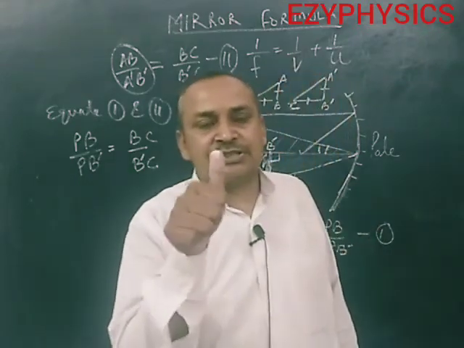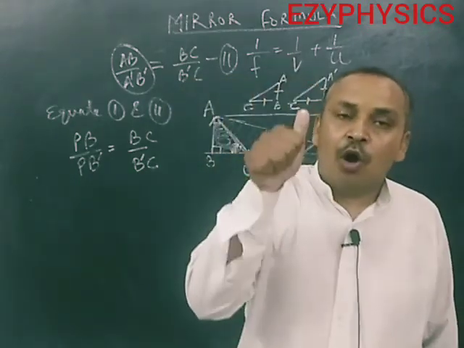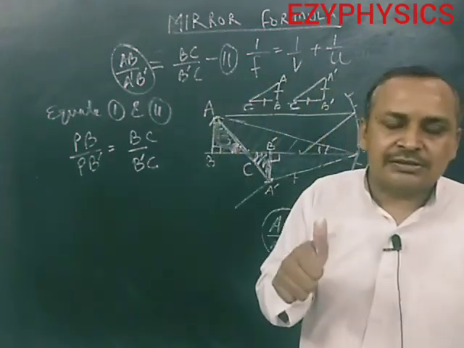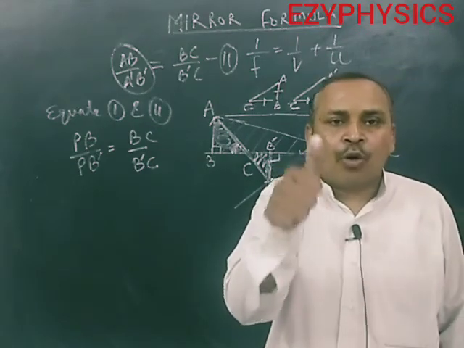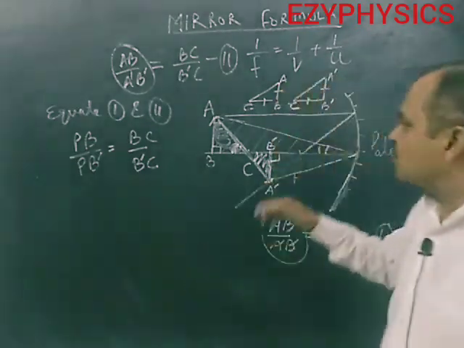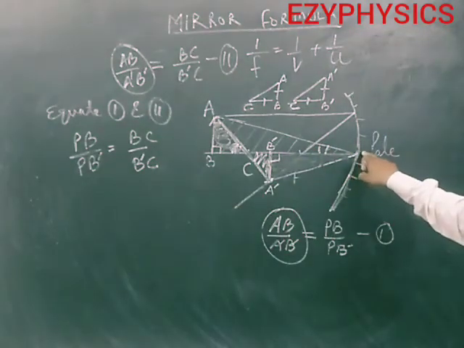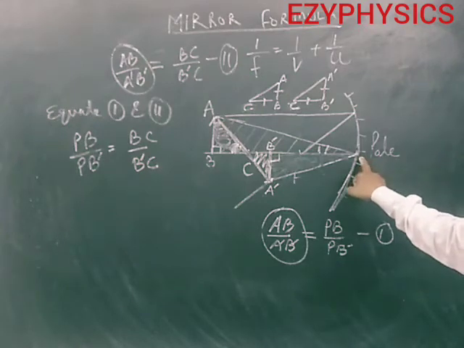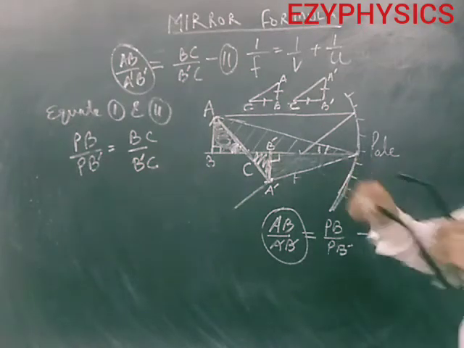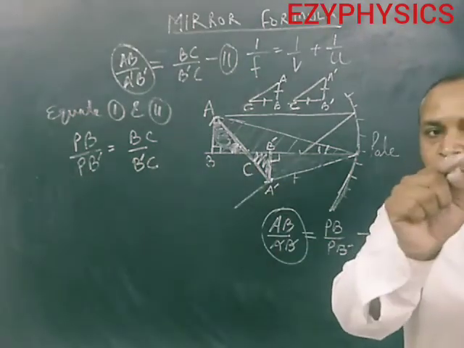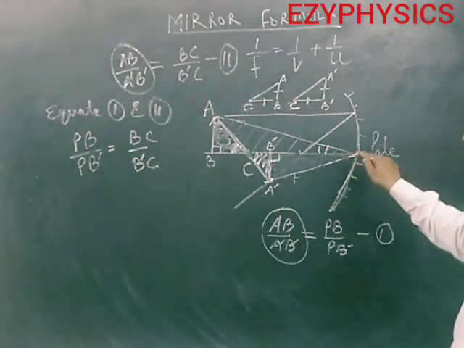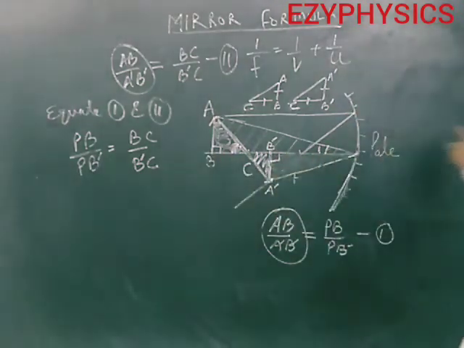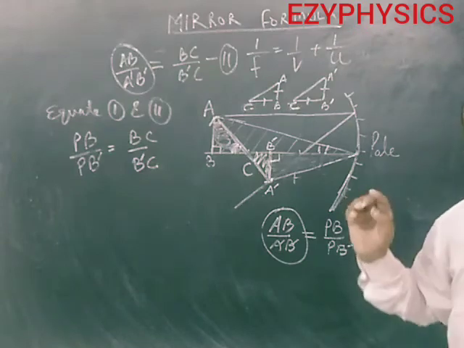The first sign convention says that all the distances should be measured from the pole of the mirror. That means all the distances will be measured from this point P. If we take a measuring tape, the zero of that tape should be at P, and then we can measure this side or this side. Is it clear, my dear friends?